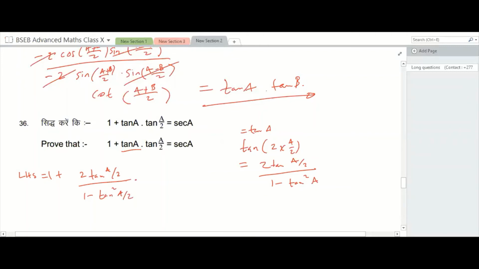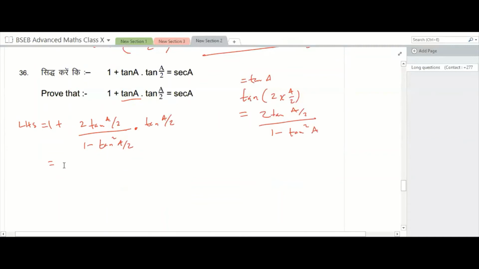times tan of A over 2. Now we need a relationship for 1 minus tan squared. So what is 1 minus tan squared? We know sine squared A plus cos squared A is equal to 1.